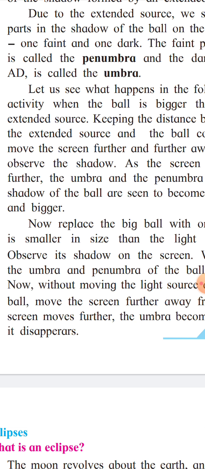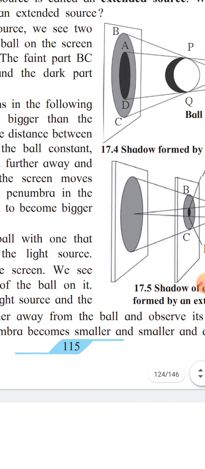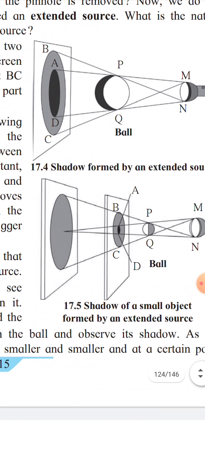Observe the shadow. As the screen moves further, the umbra and penumbra in the shadow of the ball, as you will see in this diagram, become bigger and bigger. Now replace the big ball with one that is very small compared to the light source. Observe its shadow on the screen.